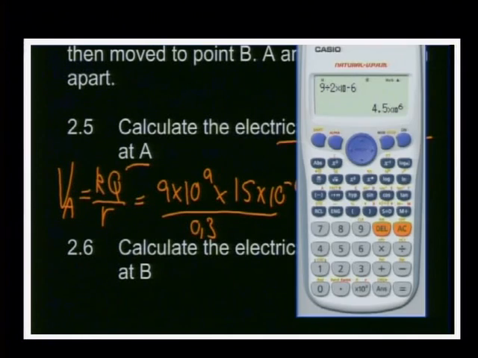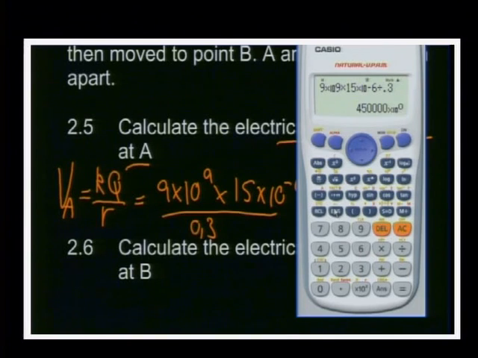Let's just check it. 9 exponent 9 times 15 exponent negative 6, divided by 0.3 equals, and there you go. Your answer is 4,5 times 10 to the 6.